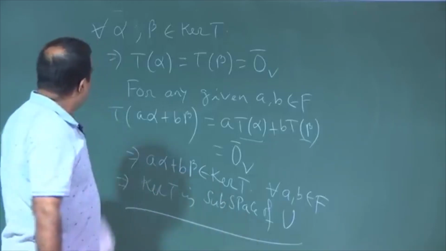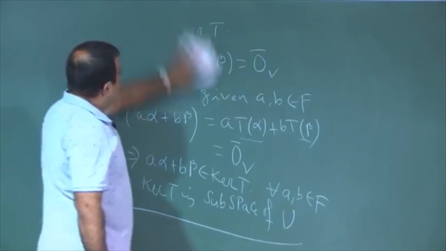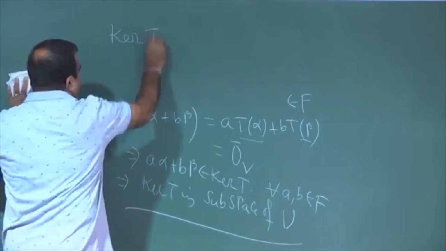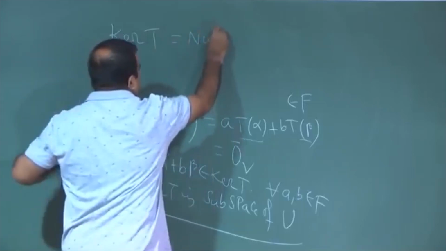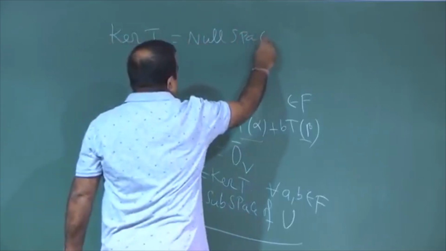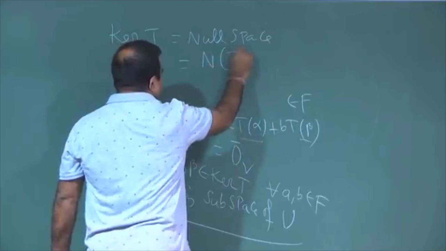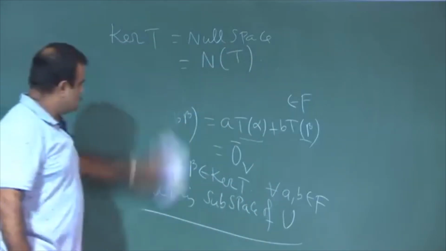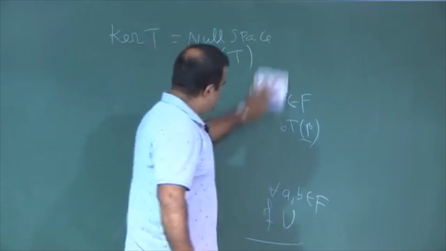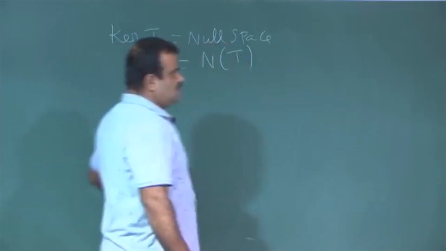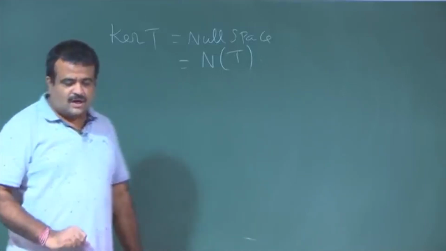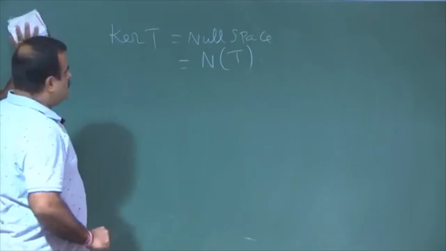So, this is also called the null space. Sometimes kernel of T is also called null space and it is written as N(T). Okay. So, now we will have some theorems on it.